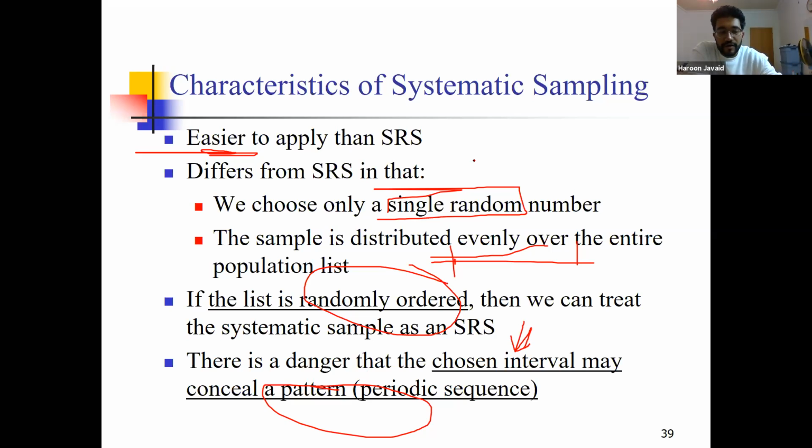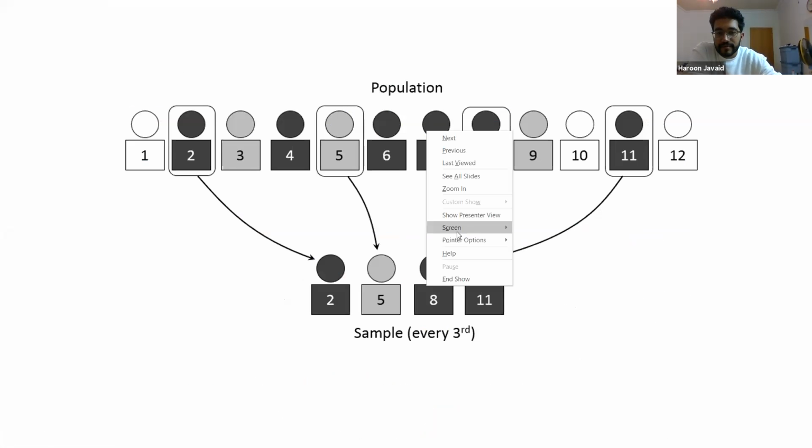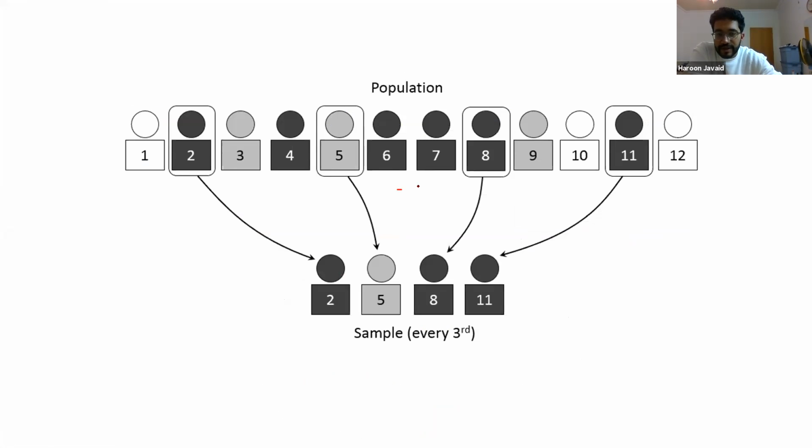How does that work? For example, if you have this example over here, it may be possible that these 2 students have particular characteristics which all other students don't have.